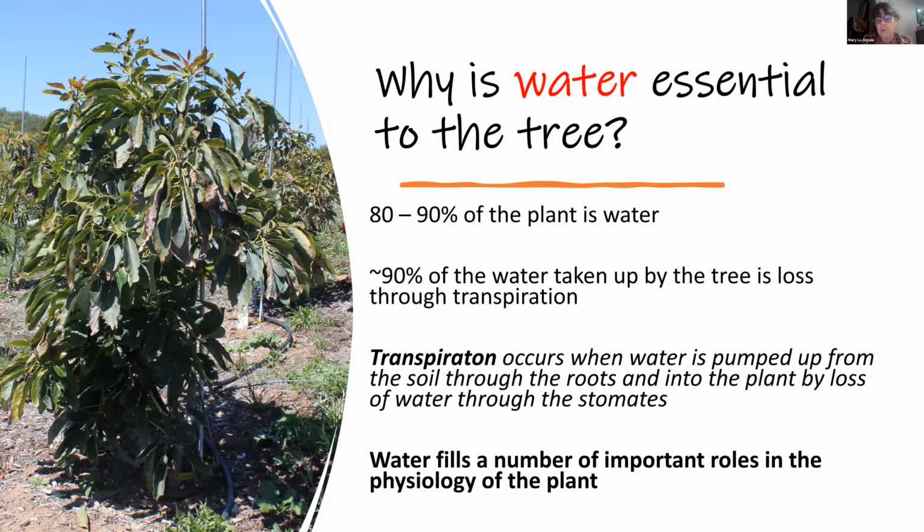And what is transpiration? Transpiration occurs when water is pumped up from the soil through the roots and into the plant, and that is all driven by the loss of water through the stomata, or stomates. Water fills a number of important roles in the physiology of the plant and drives many processes.